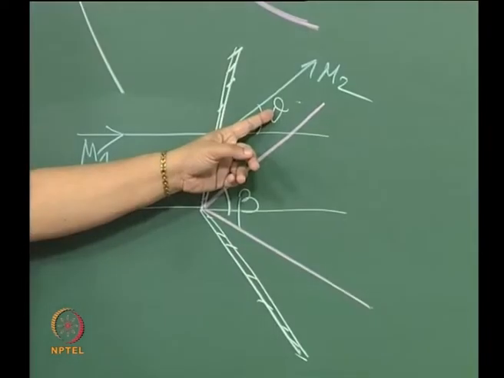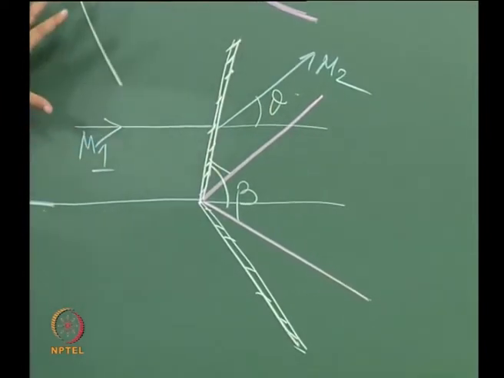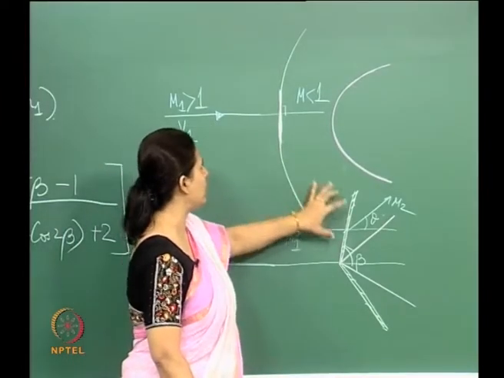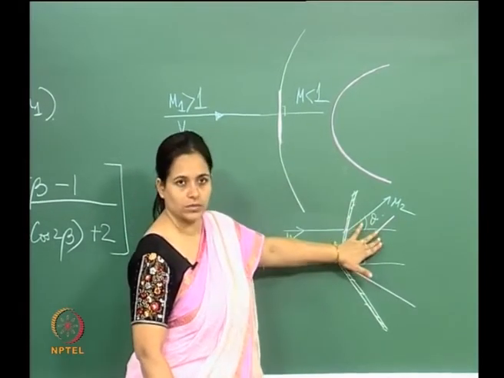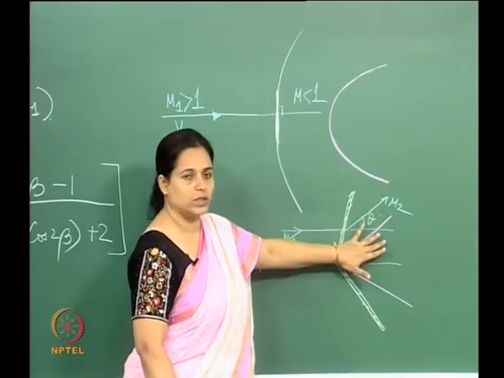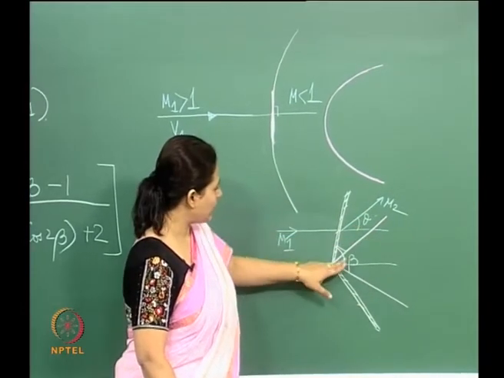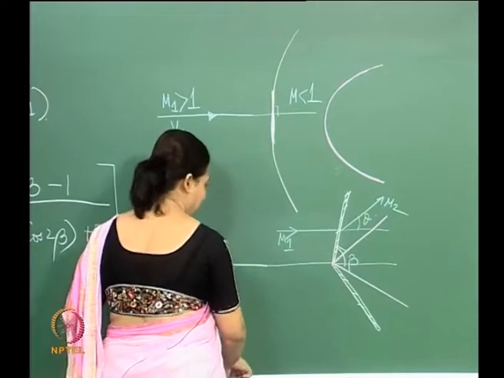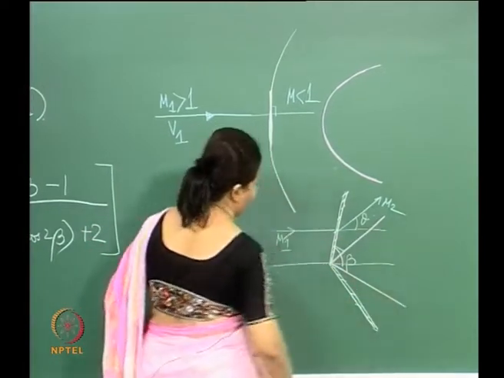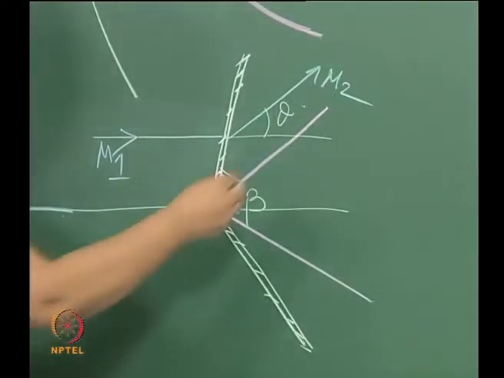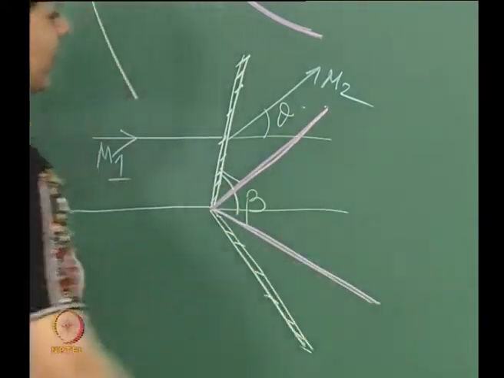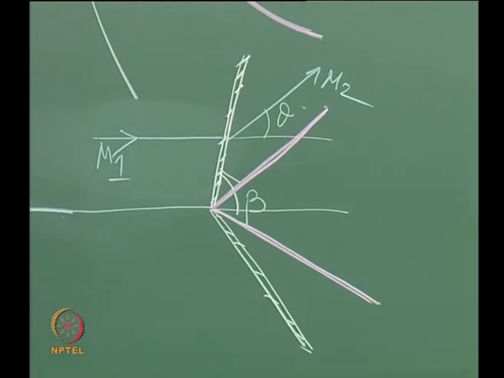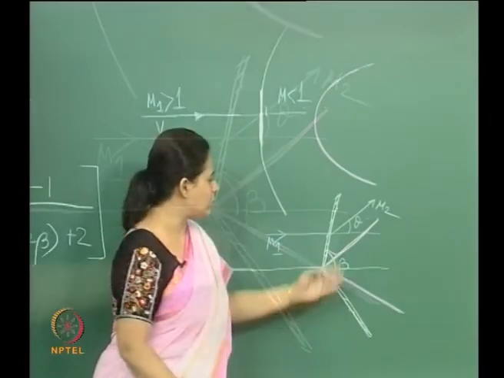Now the next question to ask is, what governs this beta, or what governs this theta? So clearly whether it will be an oblique shock or a normal shock, there is some connection with the geometry over here. Now if we have a wedge like this or a sharp corner like this, we are encountering this.